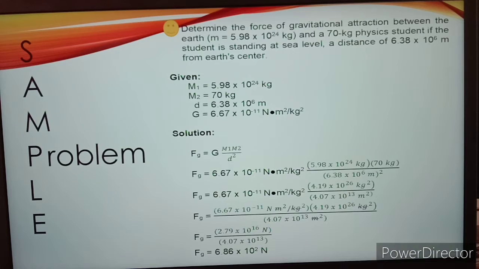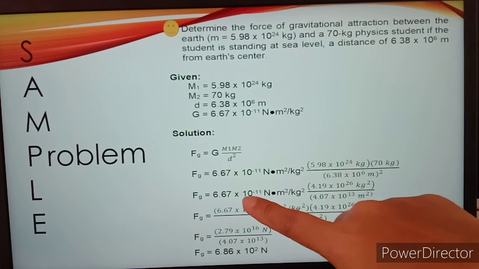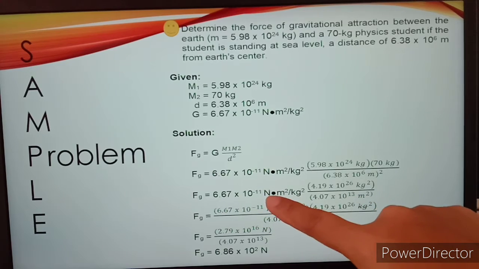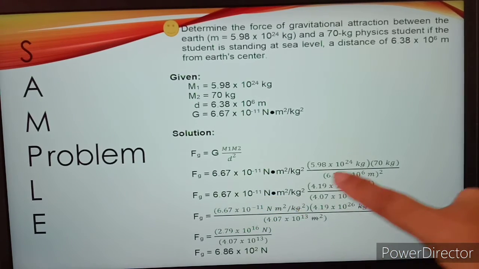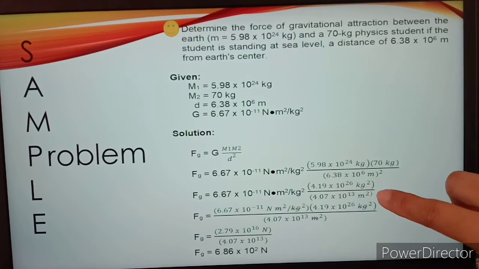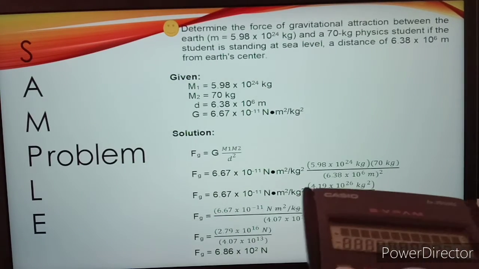Last time, I taught you how to compute using a calculator and cell phone in terms of scientific notation. This time, in our next solution, we first copy the value of the universal gravitational constant, and then find the product of the two masses, as well as the square of the given distance.